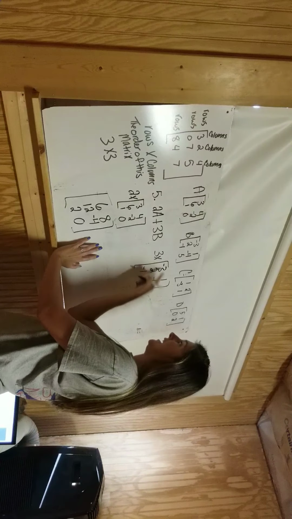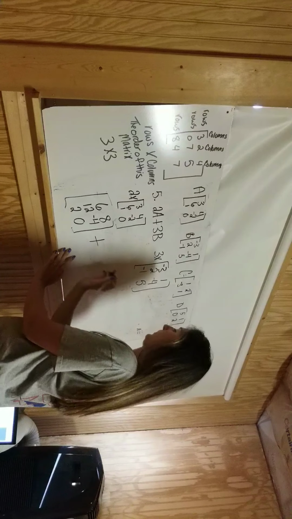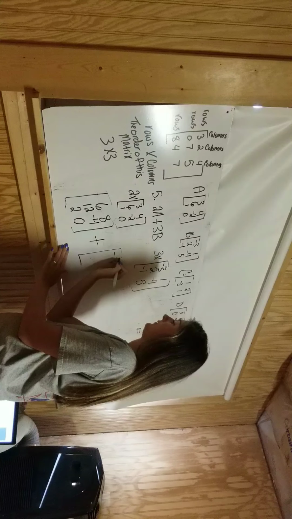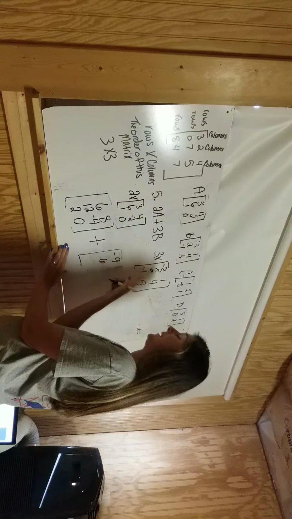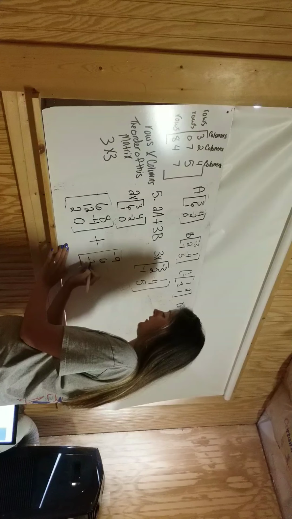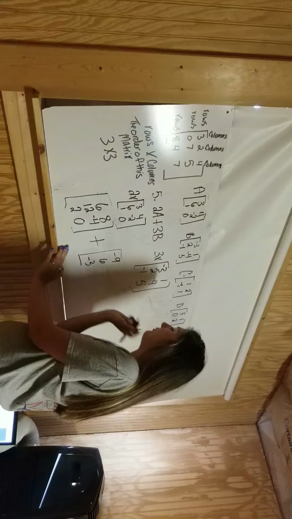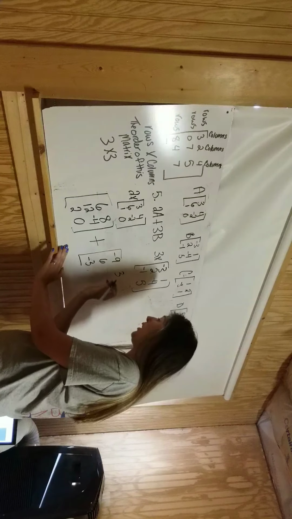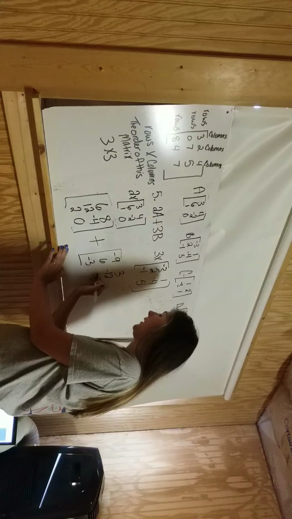Okay? 3 times a negative 3 is going to give you a negative 9. 3 times 2 is going to give you 6. 3 times a negative 1 is going to give you a negative 3. 3 times 1 is going to give you 3. 3 times a negative 4 is going to give you a negative 12. And 3 times 5 is going to give you 15.